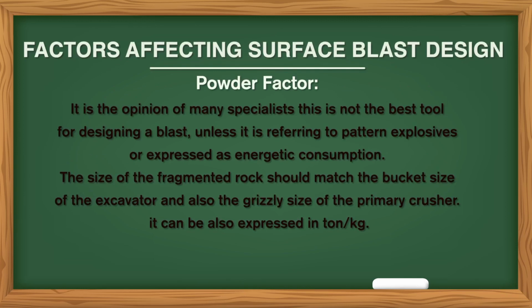It is the opinion of many specialists that this is not the best tool for designing a blast unless it is referring to pattern explosive or expressed as energetic consumptions. The size of the fragmented rock should match the bucket size of the excavator and also the grizzly size of the primary crusher. It can also be expressed in ton per kg.